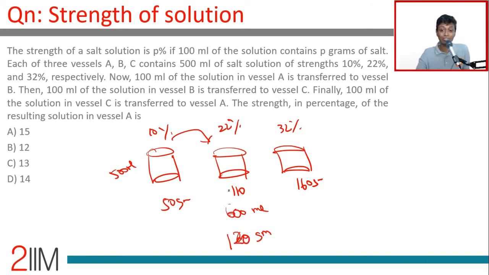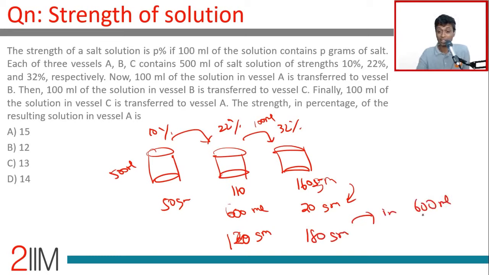From the 600 ml, we're transferring another 100 ml to this one, the second time around. And so of 120, 1/6 is going away. So 20 grams will get added to this. So this will become 180 grams in 600 ml. From this 100 ml is transferred back here.